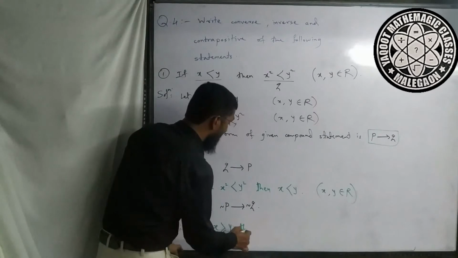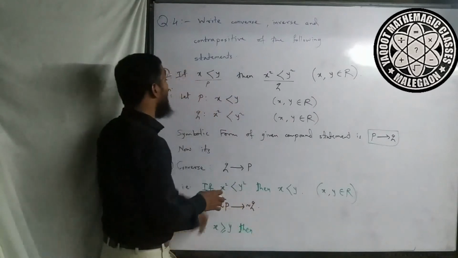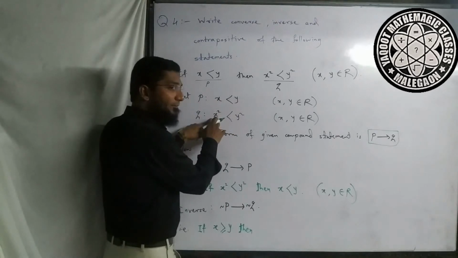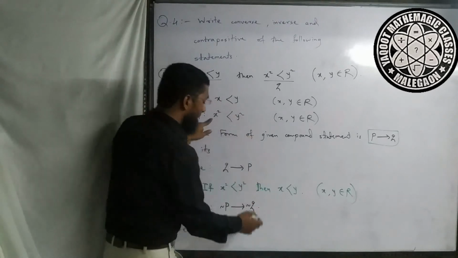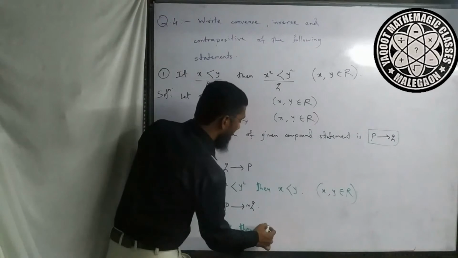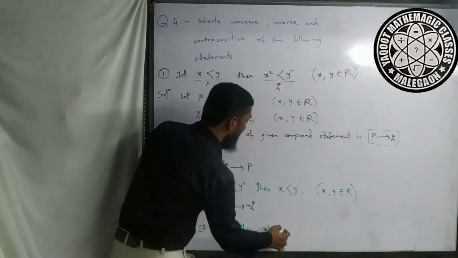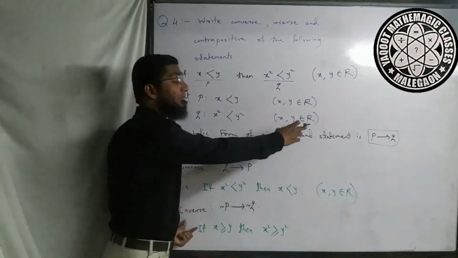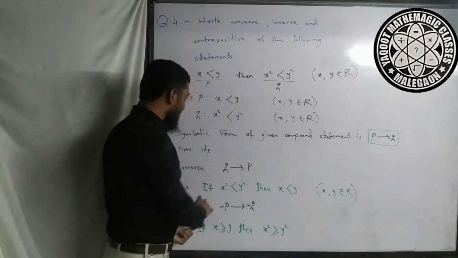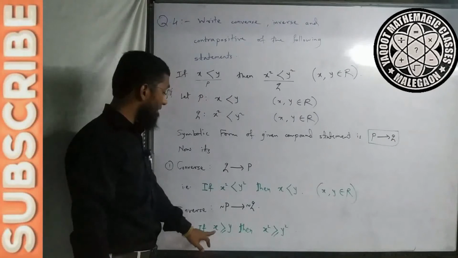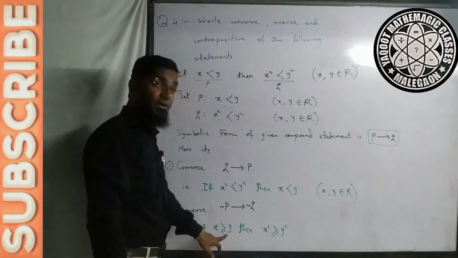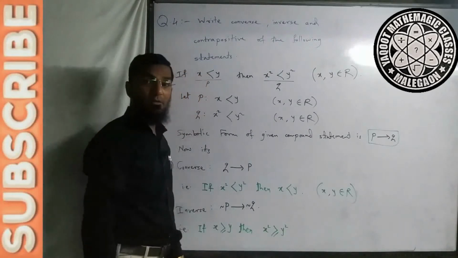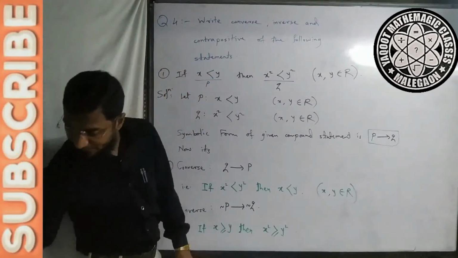Then conclusion, negation of Q: x square is less than y square, its negation is x square is greater than or equal to y square. Therefore, inverse of the given conditional statement is: if x is greater than or equal to y, then x square is greater than or equal to y square.